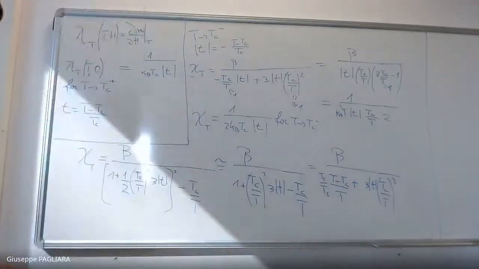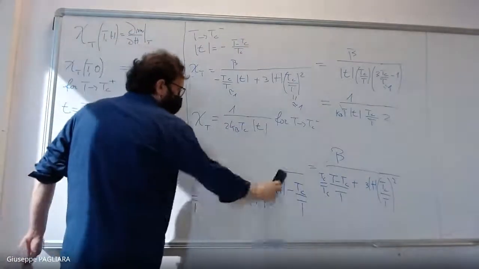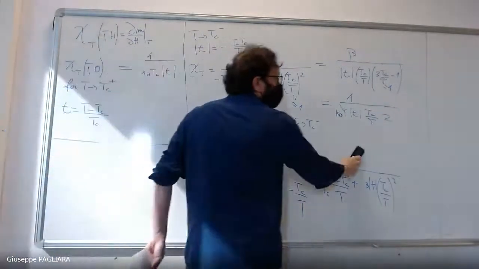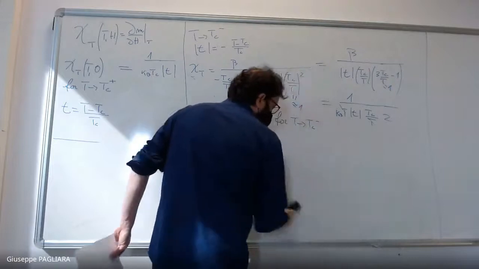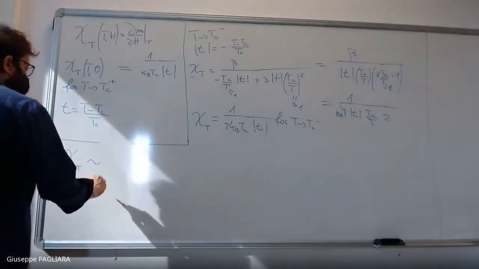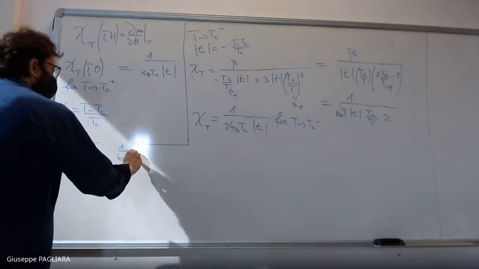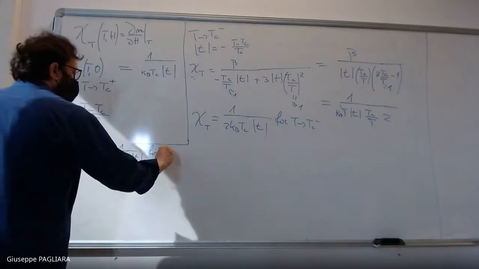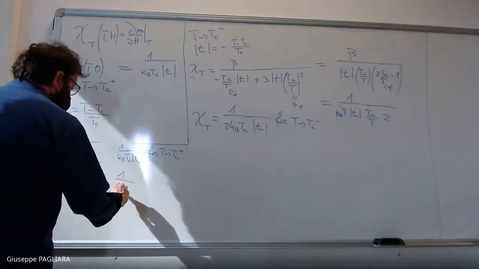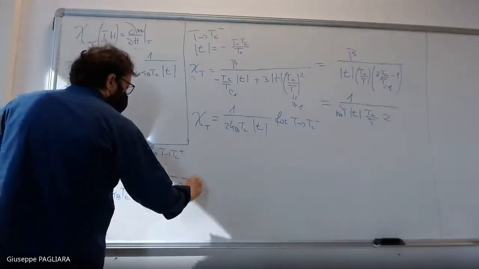Okay, so now the calculation is complete. We have the behavior above Tc and the behavior below Tc, so the behavior of the susceptibility at the critical temperature is completely determined. The chi of t scales as 1 over kB Tc t for T going to Tc from above, and 1 divided by 2 kB Tc t for T approaching Tc from below.